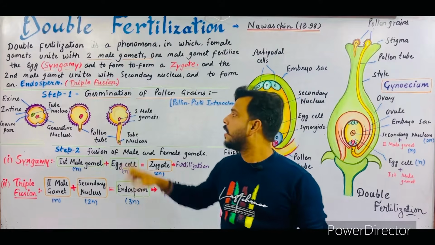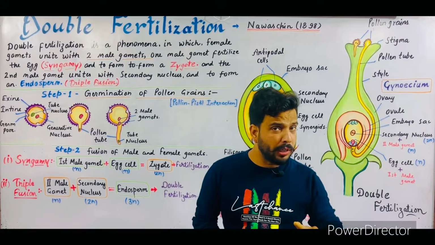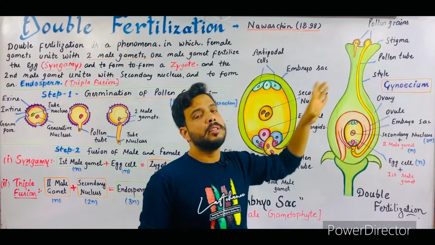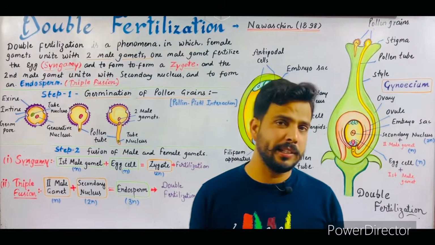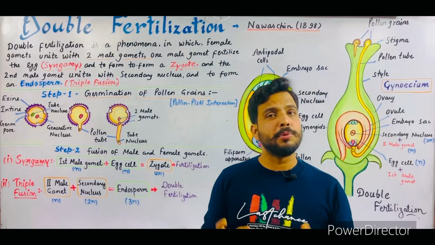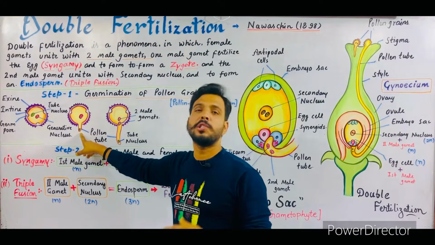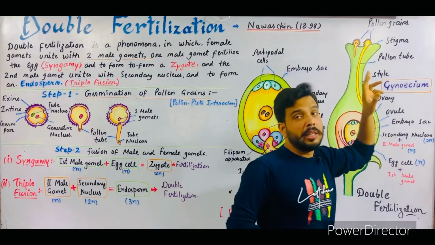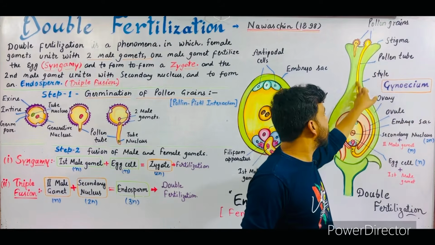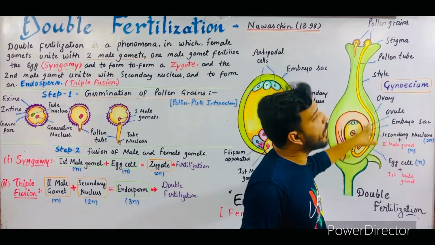When the pollen grains reach the stigma of the flower, the stigma secretes this substance. Now, the pollen grains absorb it and rupture to form a tube, which is called the pollen tube. As you can see in this diagram, this is the pollen tube. This pollen tube enters into the style, then the ovary, and finally enters into the ovule through the micropyle.